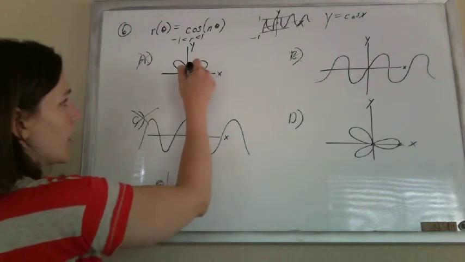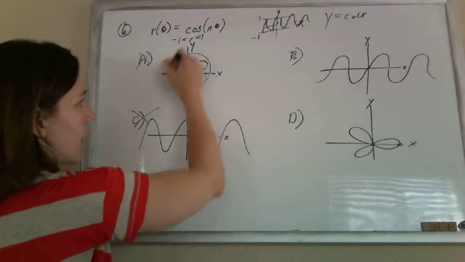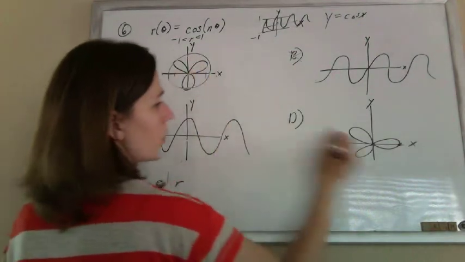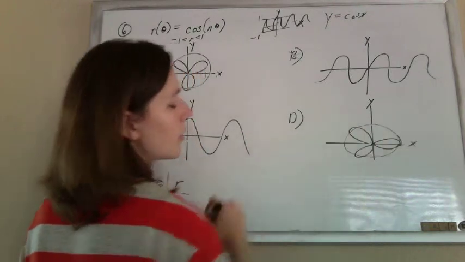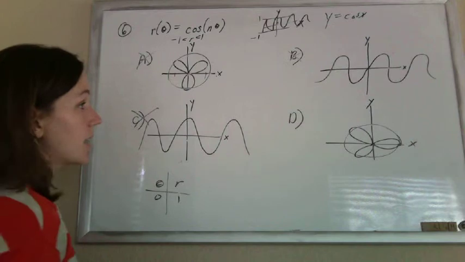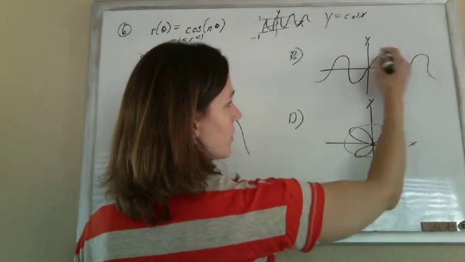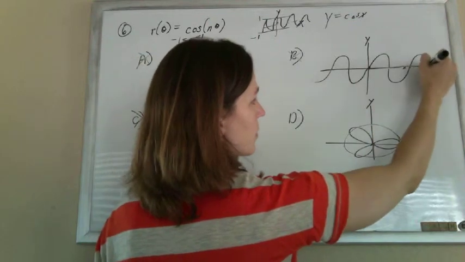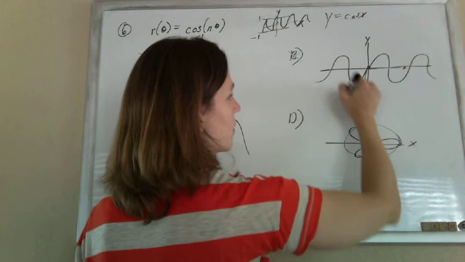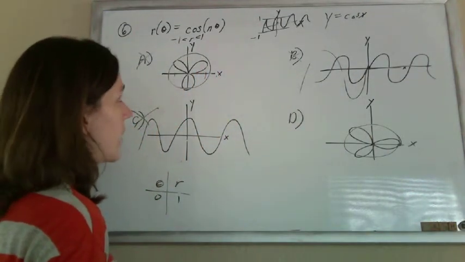So for any angle, the radius that it can go out can't be any more than 1. So that's why we have it restricted to those two cases based on that idea. Here, whatever the angle is, the radius could possibly be more than 1. Like this is going off forever. And this could have been really, really big here as well. So you can eliminate some from that.